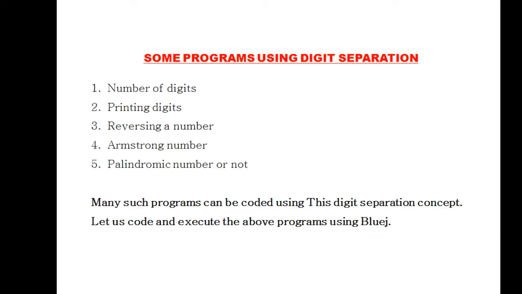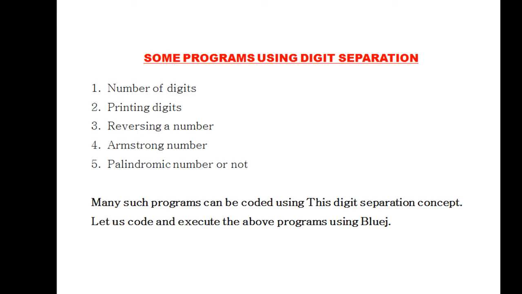Now some programs that you can do with digit separation. A few I have given, but you can do a lot many. If you get the concept, you can do any program that is given on digit separation. The first program that we can do is what?